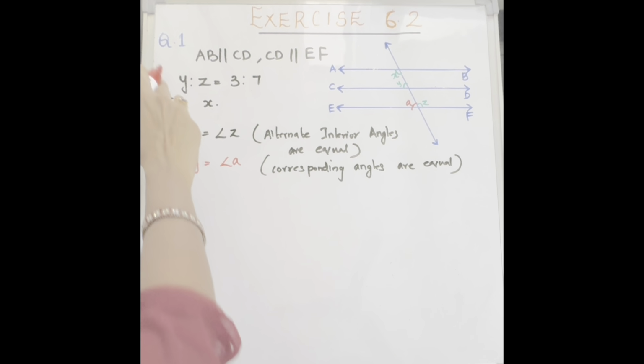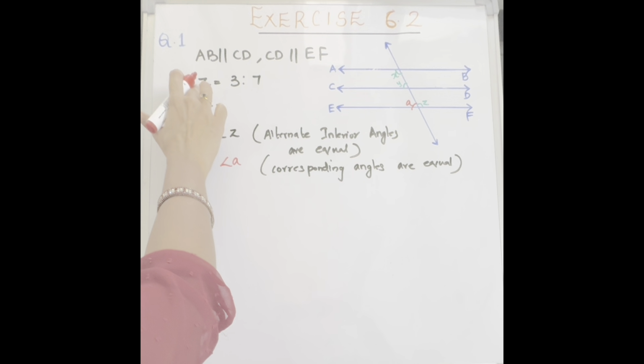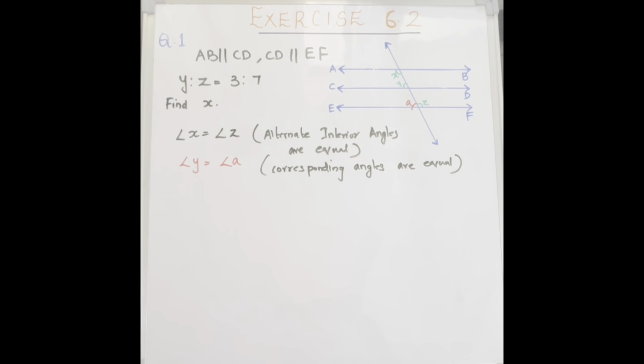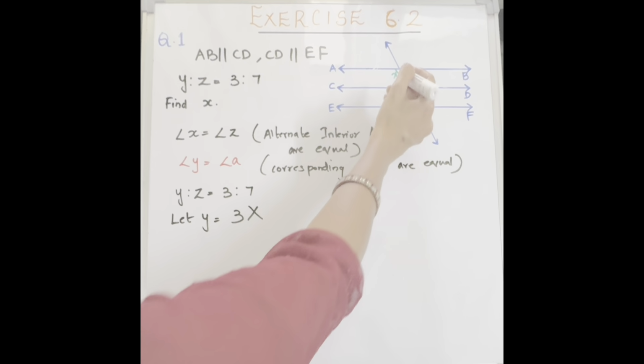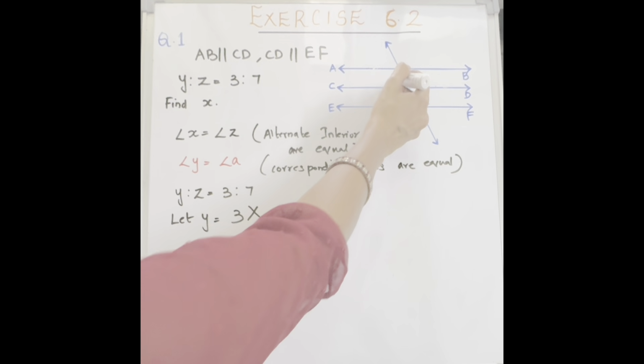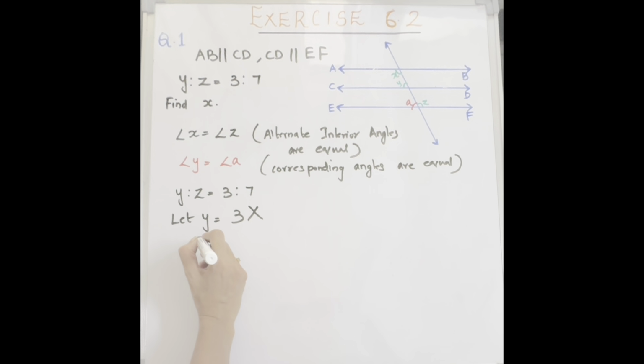Now it's been given Y is to Z is 3:7. So let's consider that Y is equal to 3x, Z is equal to 7x. Let's take it as capital X because we have to find out small x.